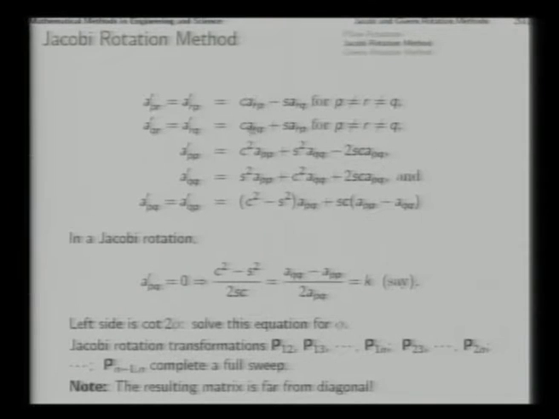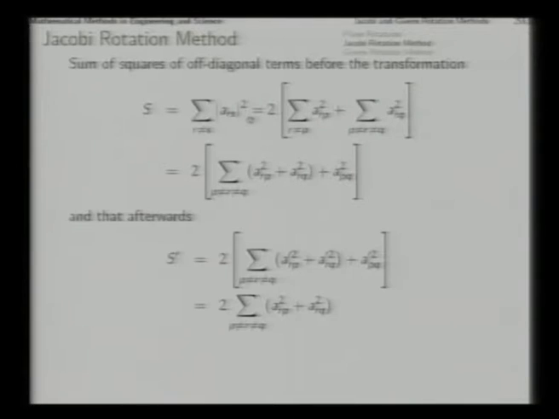So, the square of this plus square of this plus square of this plus square of this is the same as ARP square plus ARQ square, and the 2AB term in the square here and 2AB term in the square here will cancel each other. So, that means that ARP prime square plus ARQ prime square will turn out to be the same as ARP square plus ARQ square. That tells you that this sum and this sum remains same for every r, and this earlier was something which has now been set to be 0, and this much has been reduced.